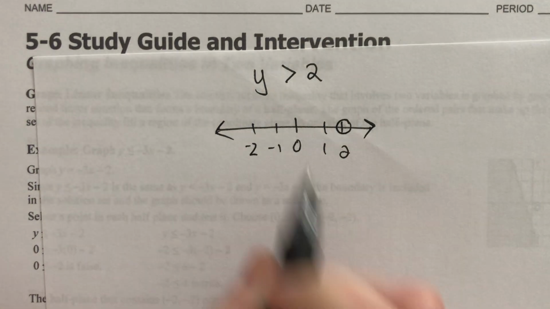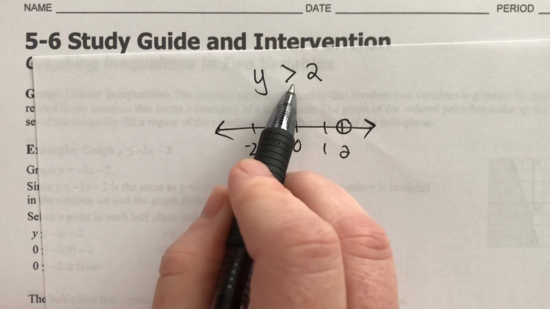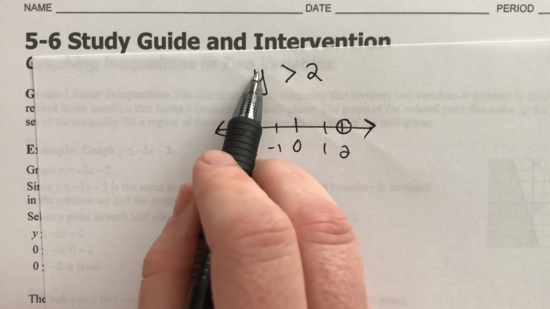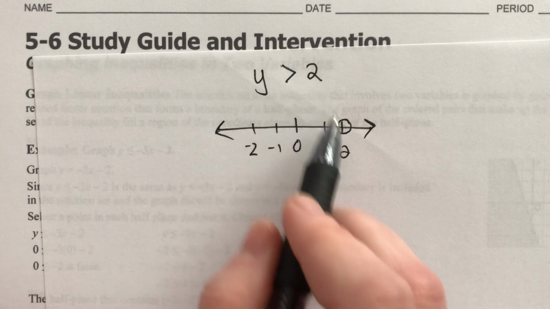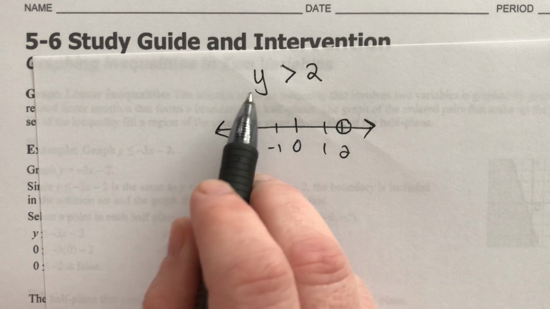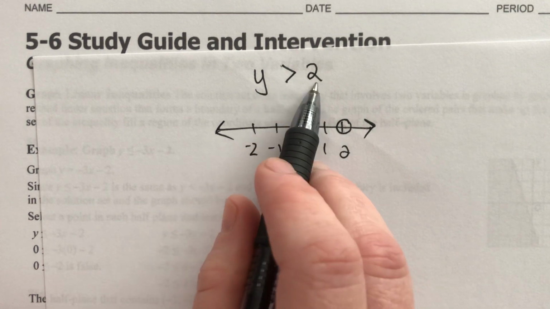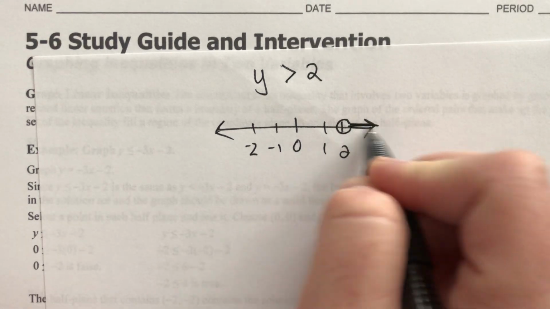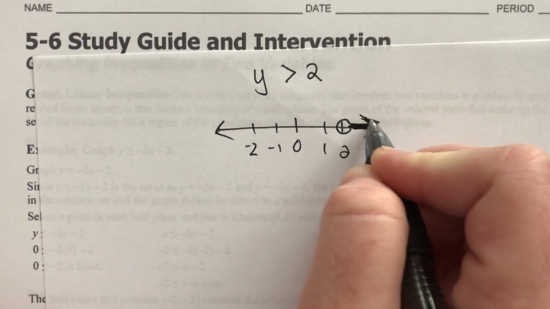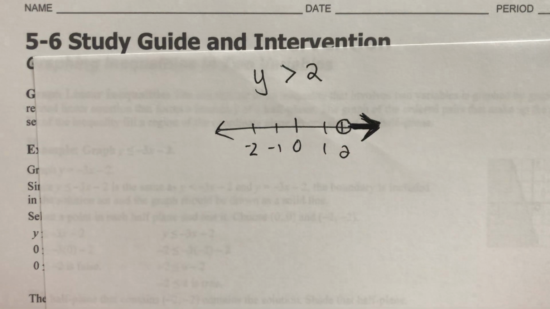We put a circle on it. Since this inequality symbol does not have a line under it, it means that the variable cannot be equal to 2, so we're not going to shade this in, but the variable can be any number greater than 2. So we're going to shade in all the numbers on our number line that are bigger than 2, right? And that's how we would graph a one variable inequality.